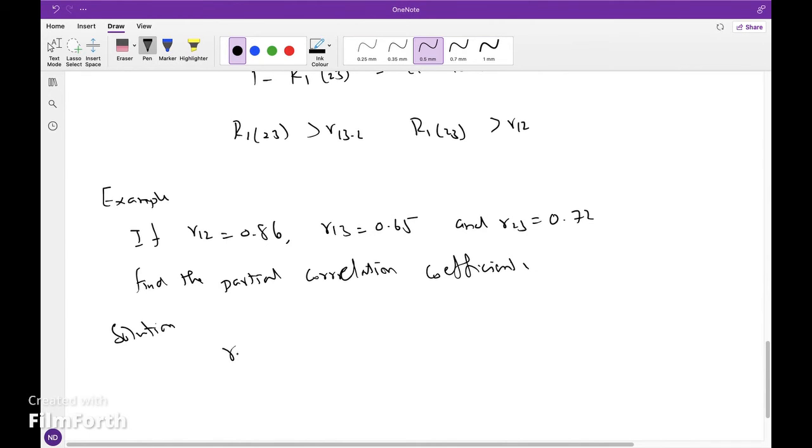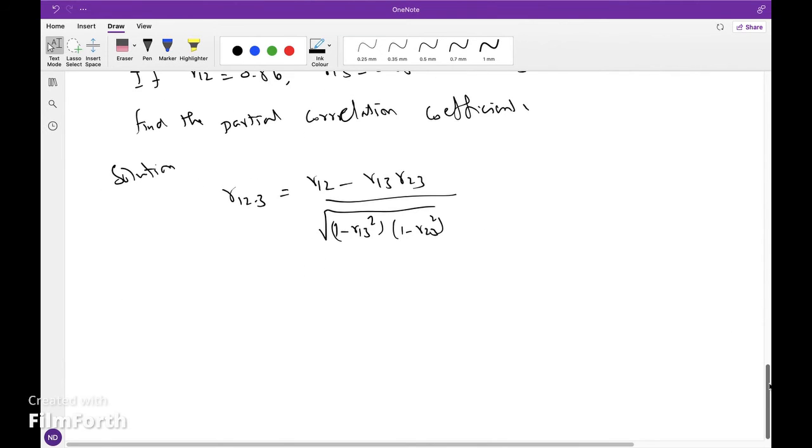Solution: r12.3 is equal to (r12 minus r13 into r23) divided by the square root of (1 minus r13 squared) into (1 minus r23 squared).